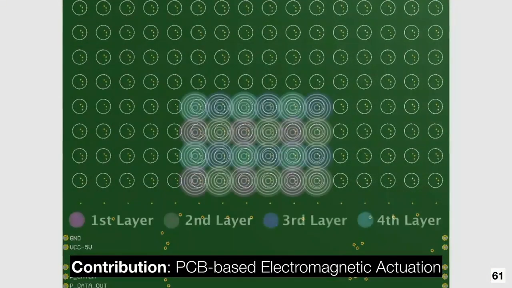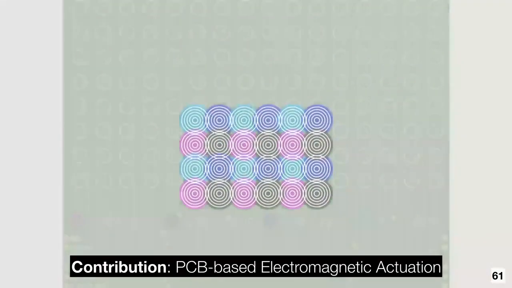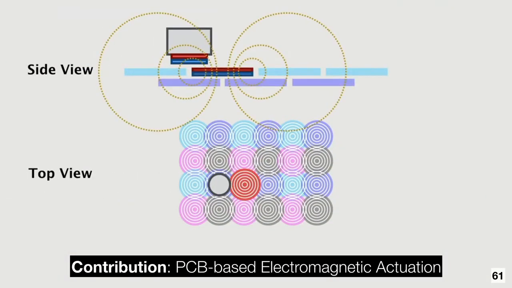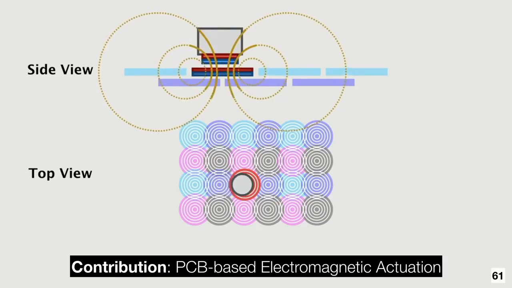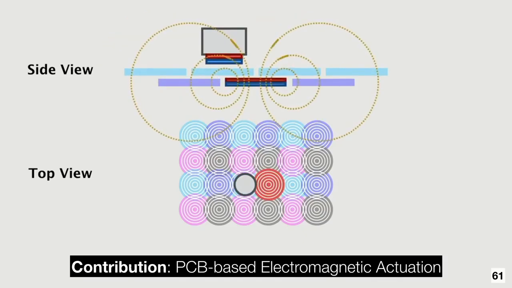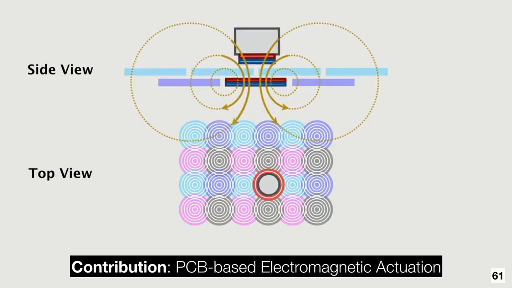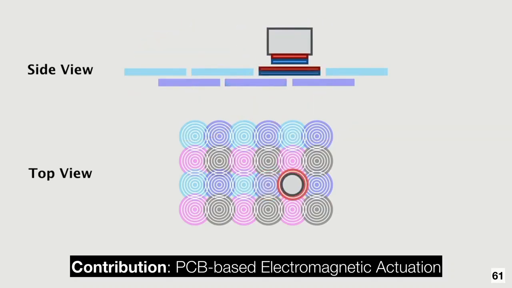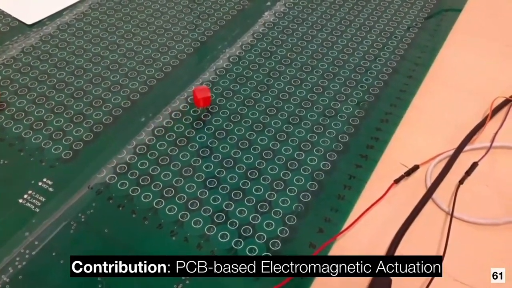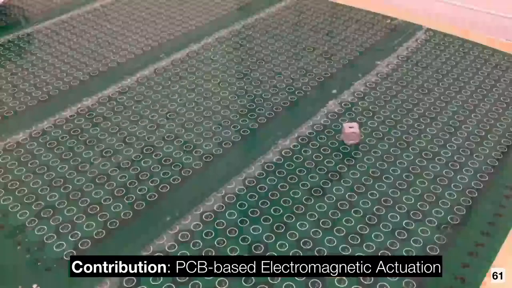So we have a 4-layer coil with the PCB, then we run current through each coil to generate an electromagnetic force that attracts the magnets at a nearby location. By sequentially turning on the coils, we can actuate to any arbitrary X and Y position.